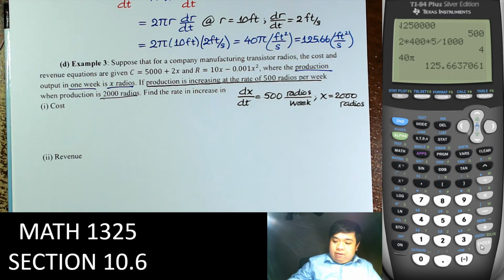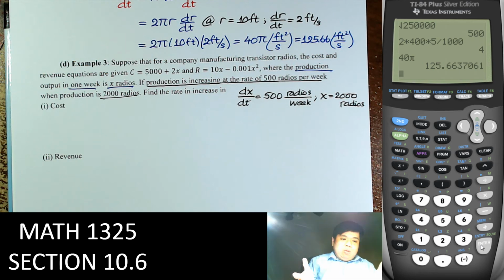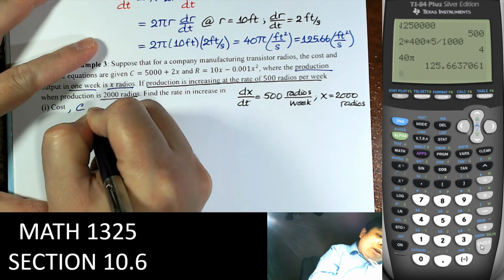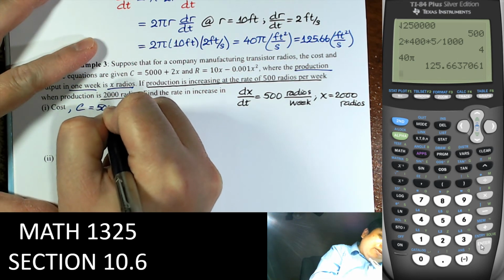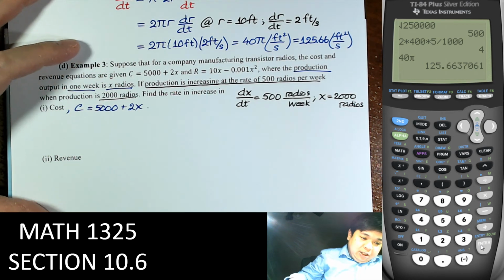So we just want to write, in this case we assume everything is a function of t and then differentiate with respect to t. So the cost function C equals 5000 plus 2x, and differentiate with respect to t.